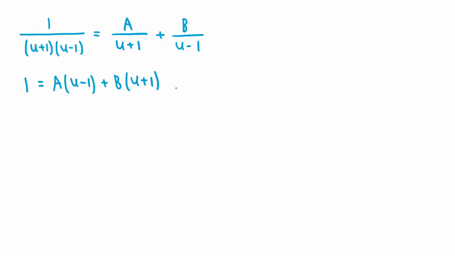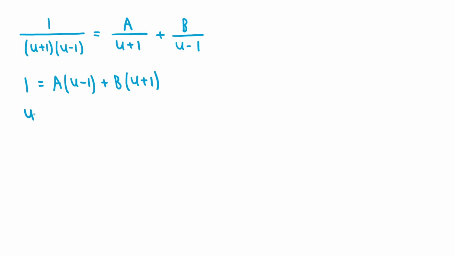Since the equation is supposed to be true for all values of u, and we are trying to find which values of a and b will make this identity true, we can substitute with any value of u. So suppose we let u equal 1. This will make the entire a times u minus 1 term equal 0, so the entire term just disappears, which is useful for solving for the coefficients.